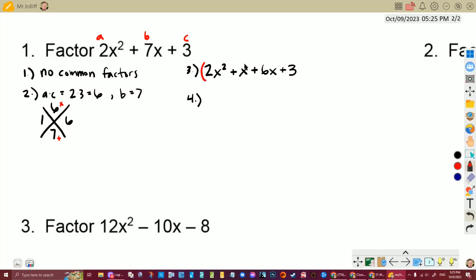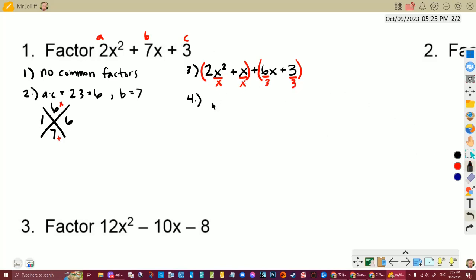So first 2 terms together, second 2 terms together, we look for what they have in common. In the first pair, they have x's in common, so I'm going to divide an x out. In the second pair, 6 and 3 are both divisible by 3, so I'm going to pull a 3 out.